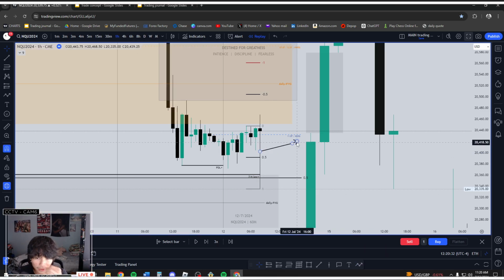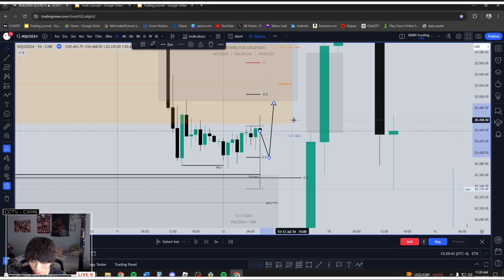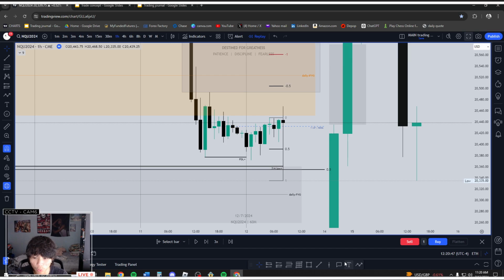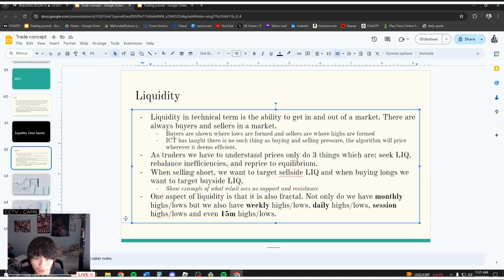We have a pretty big wick candle, and on the lower time frames you can find if there are any FVGs that will support the idea of us taking out that hourly high. But like I said, if we were bearish, we would have closed below this July 4th low, but we didn't close below it. And that's why I pay attention to the candle closures a lot.